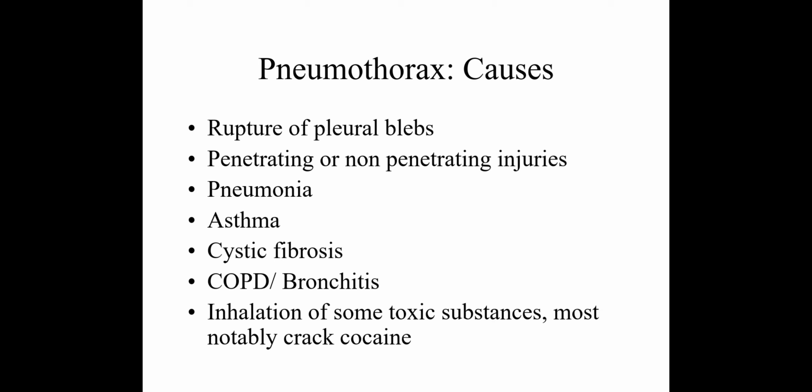The causes are rupture of a pleural bleb, penetrating or non-penetrating trauma, pneumonia and parapneumonic complication, asthma, cystic fibrosis, COPD, bronchitis, inhalation of some toxic substances, most notably crack cocaine.